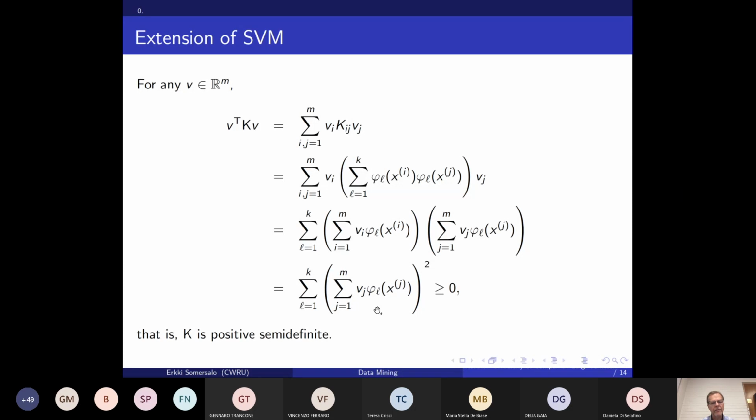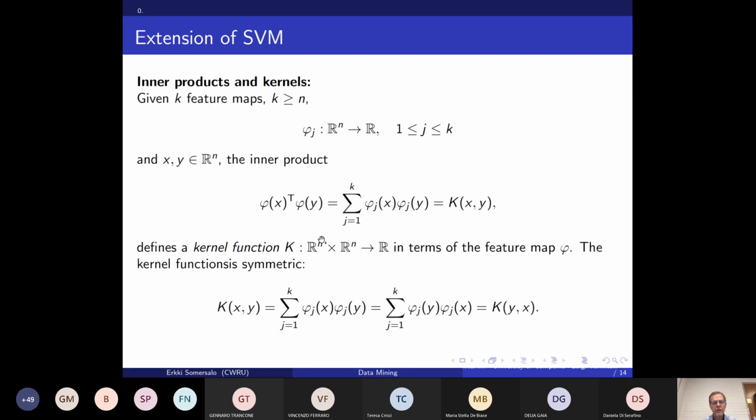Okay, so this is an observation, and it gives us a hint that we can actually generalize the idea of using these feature vectors into using kernels. Notice, if I have a finite number of feature vectors, I can always define the kernel K. This is the kernel in the middle line, the definition of K in terms of feature vectors.